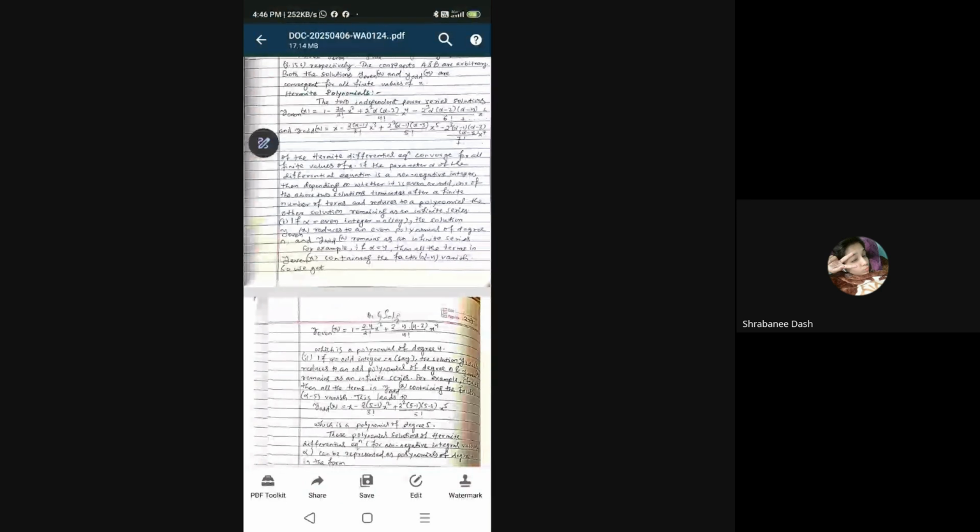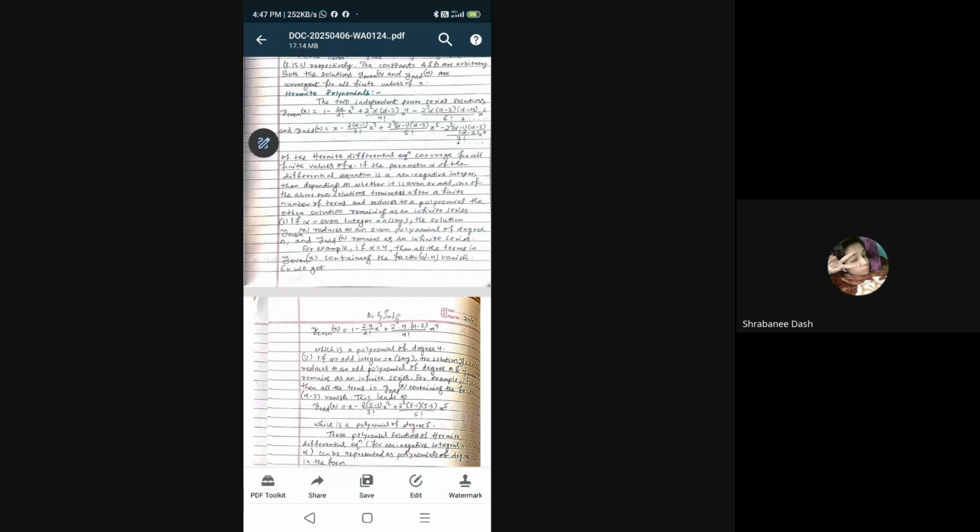So if alpha is even, your y even is equal to 1 minus 2 into 4 by 2 factorial multiplied by x square plus 2 square multiplied by 4 into 4 minus 2 by 4 factorial multiplied by x to the power 4, and this is a polynomial of degree 4.